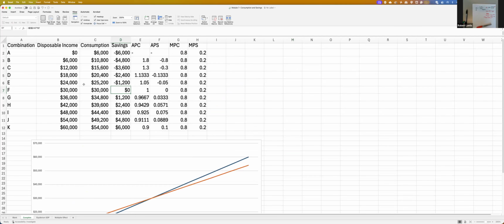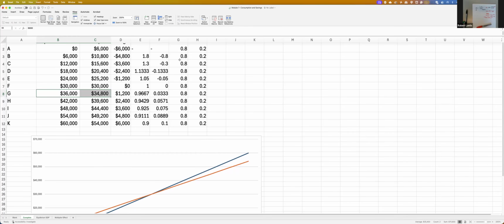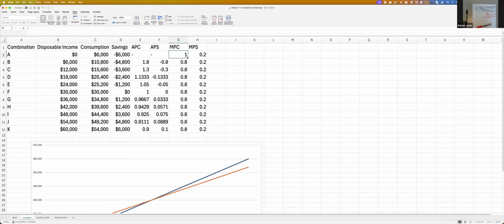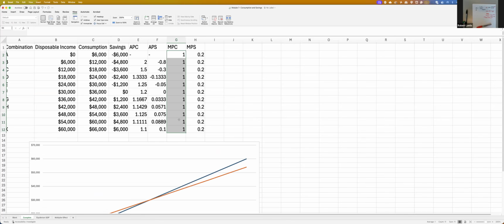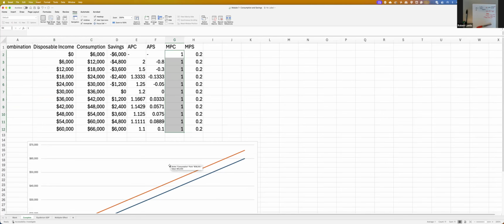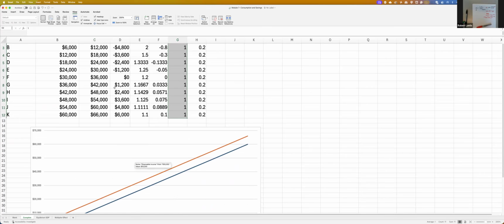And at any point past that, my level of consumption starts to be less than that disposable income. And this is because my marginal propensity to consume is not 1. If this was 1, I would have the same slope here, and what I'm consuming would always be greater than whatever my disposable income was.